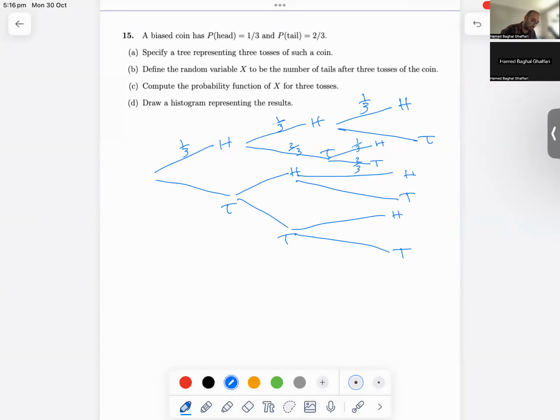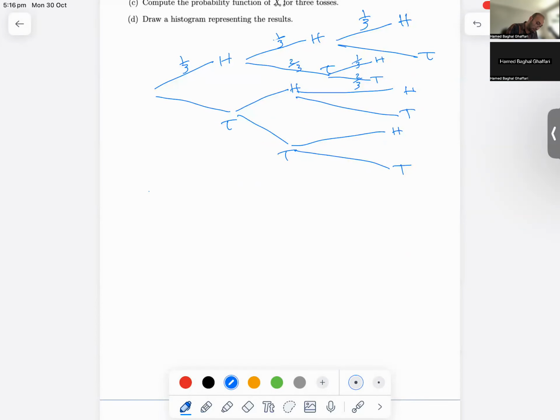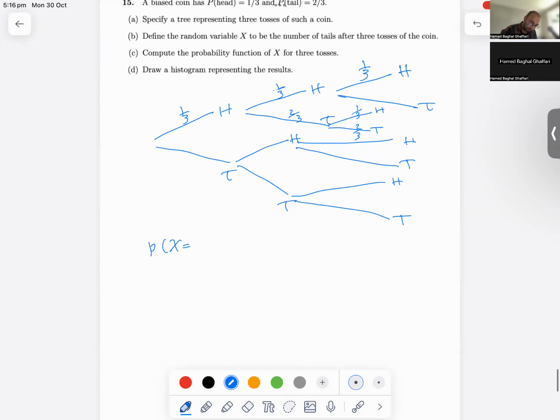Now part B tells me about the random variable X. The random variable X is the number of tails in 3 tosses.